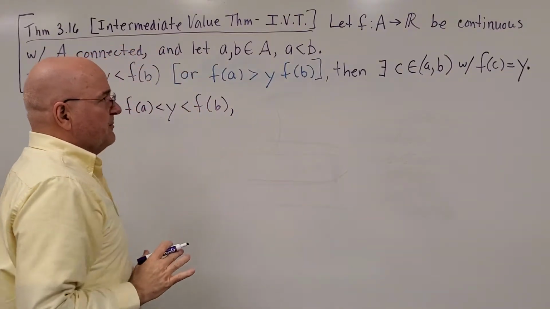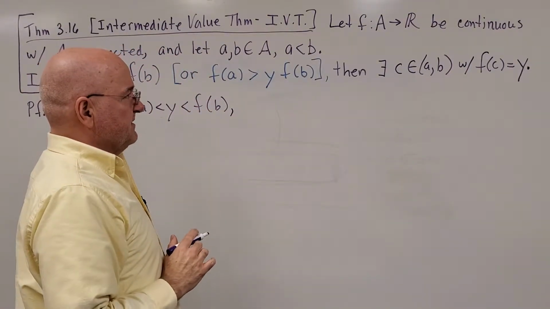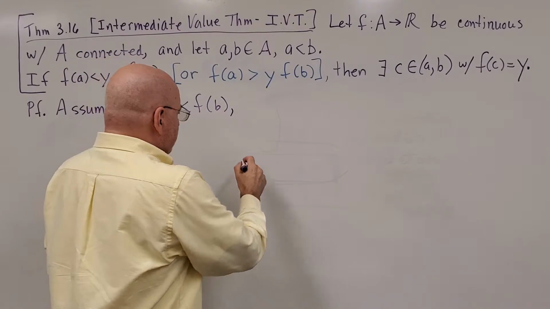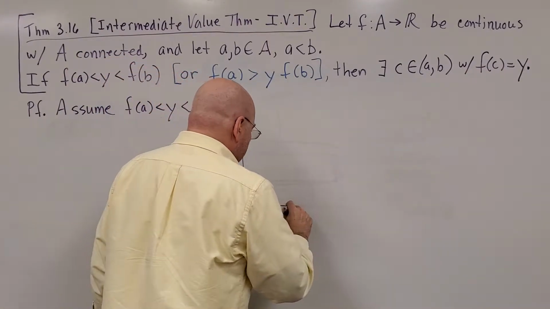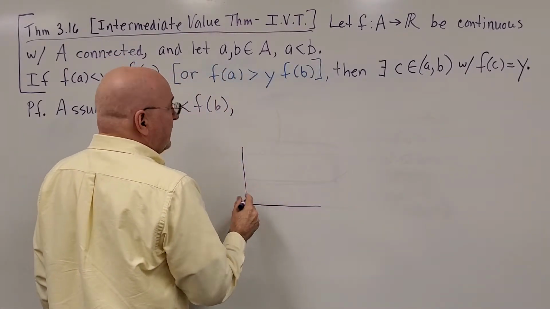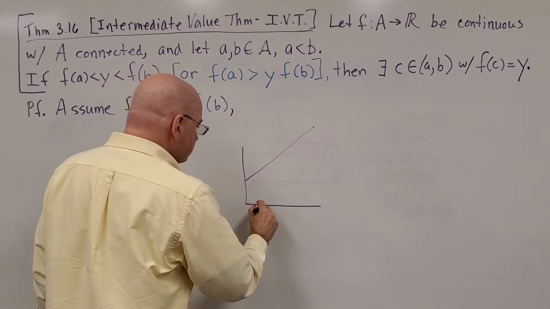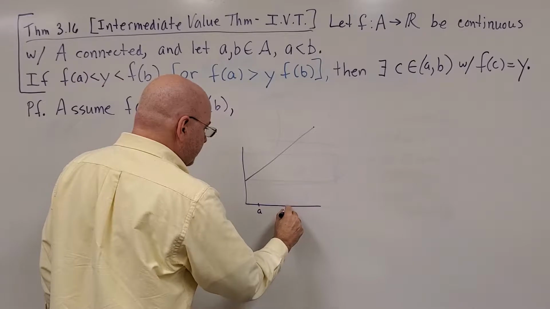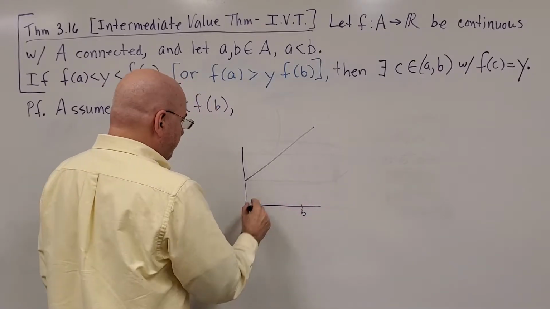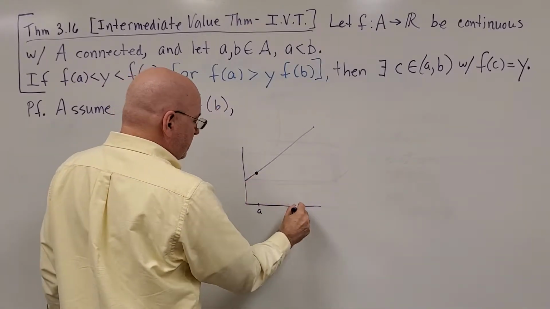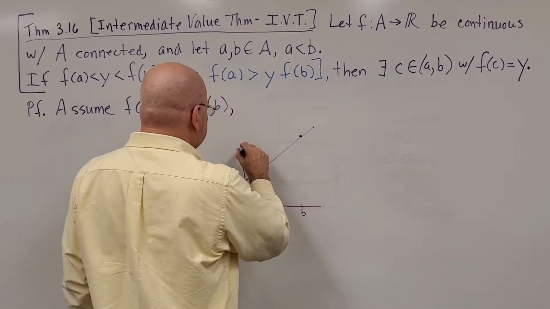So before we go through the proof, which is just 4 or 5 sentences, I believe, let's draw a real simple example of what we're talking about. Maybe I will do just a straight line. And let's say that a is here and b is here. Here's f of a, f of b.